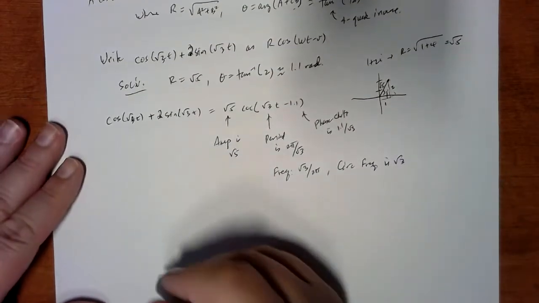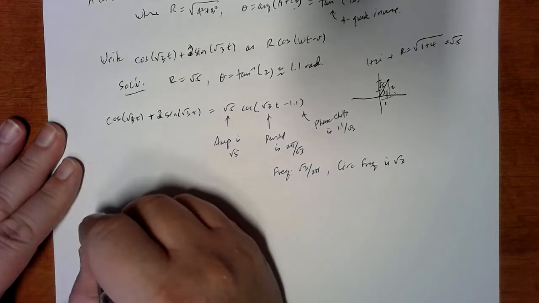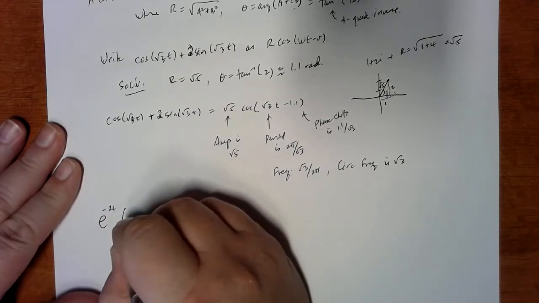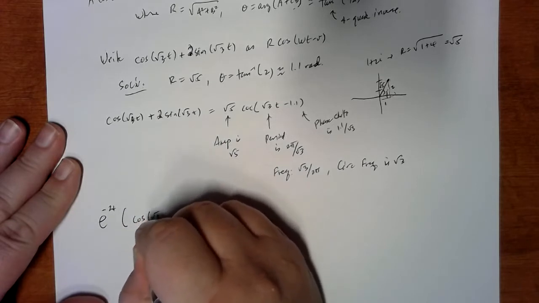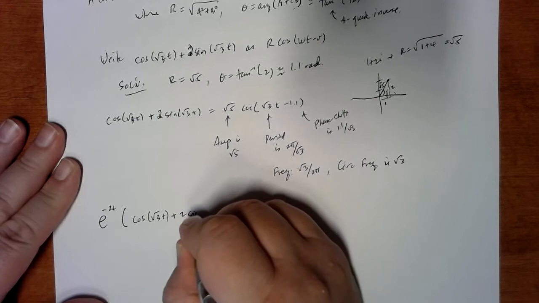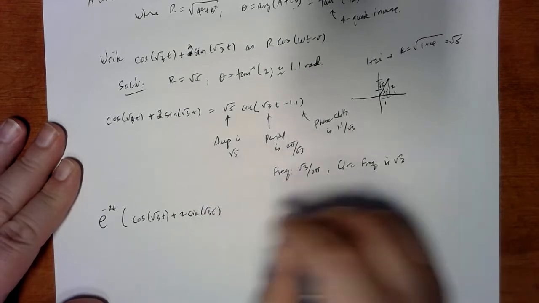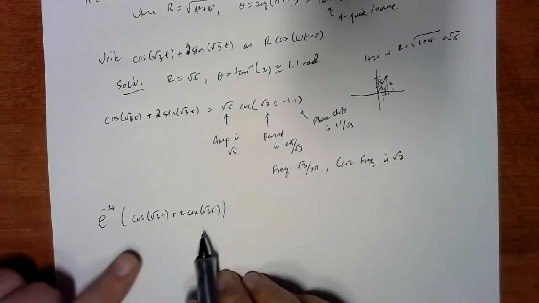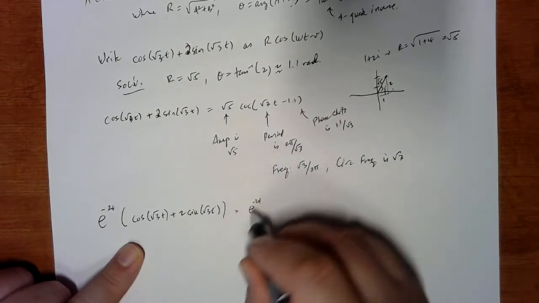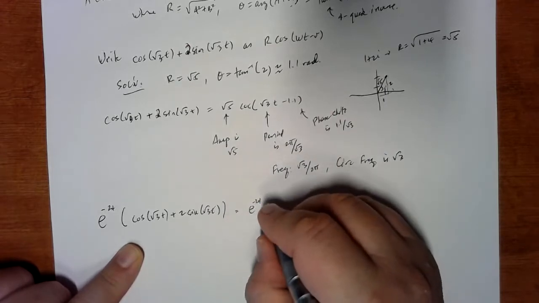What I might mention is how would you graph something like e to the minus 2t times cosine of the square root of 3t plus 2 times sine of the square root of 3t. Well, the idea is you would rewrite it this way, but you have this negative exponential hanging out here.